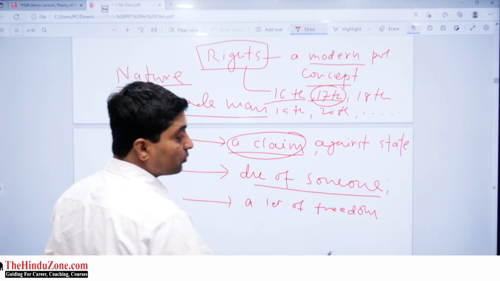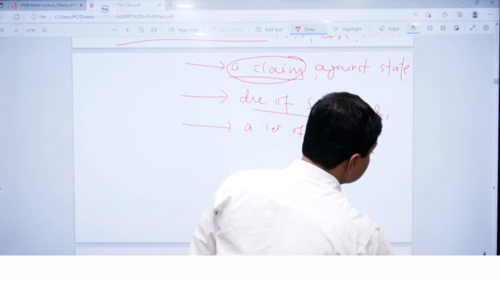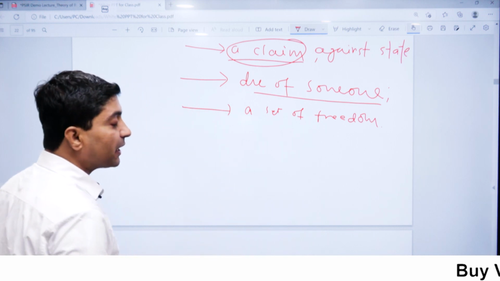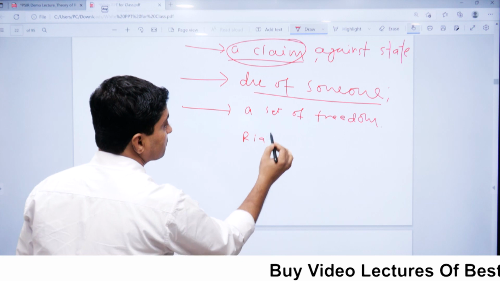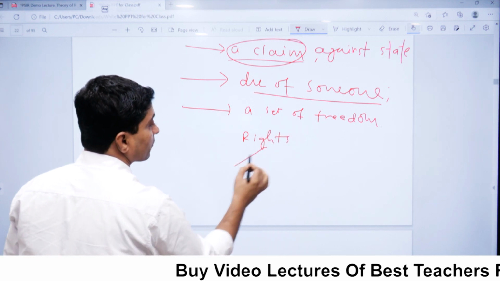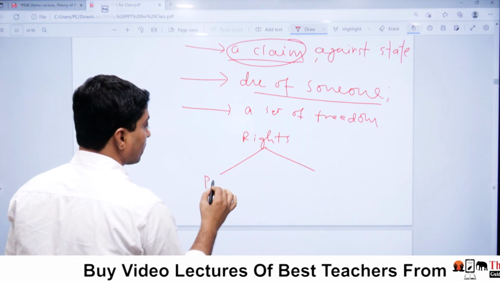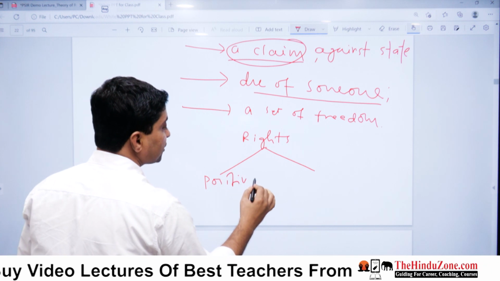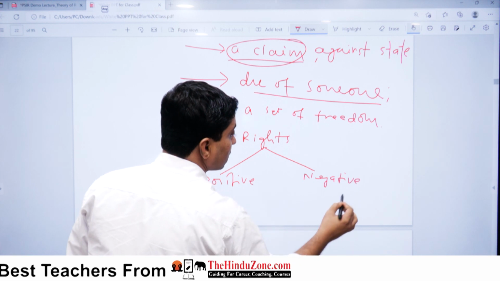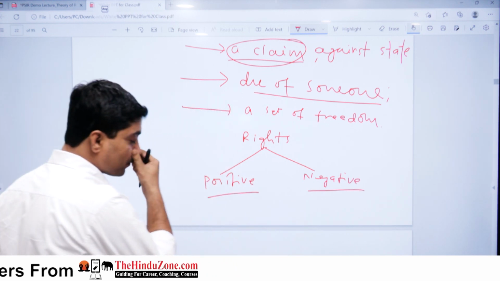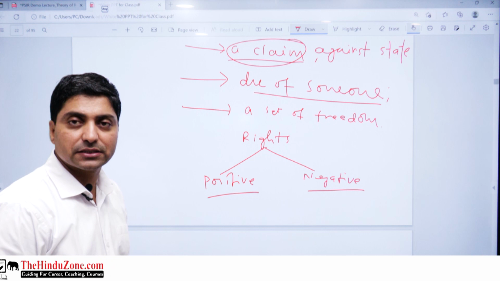Now let's talk about the two basic divisions here: positive rights and negative rights. What are positive rights and what are negative rights?